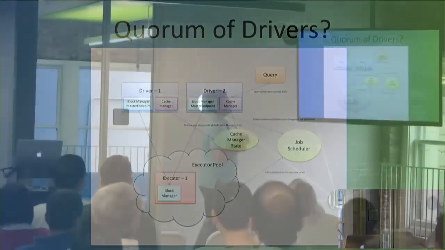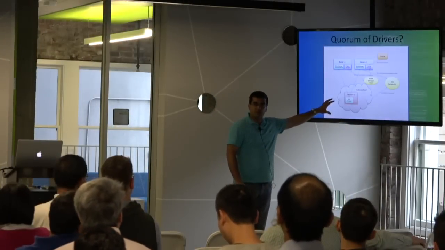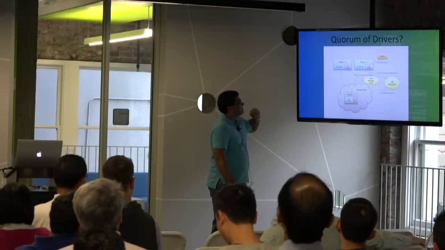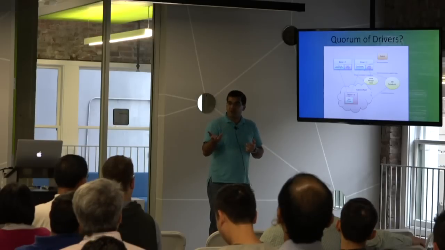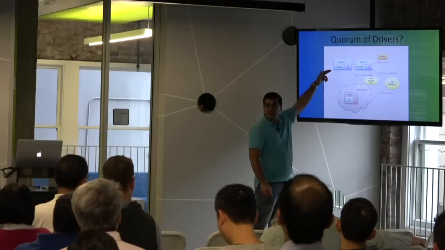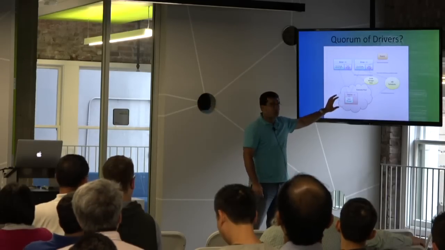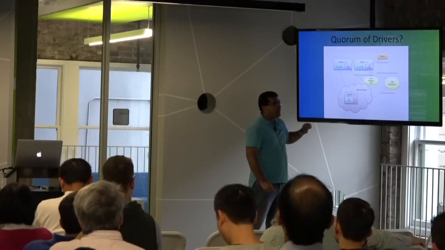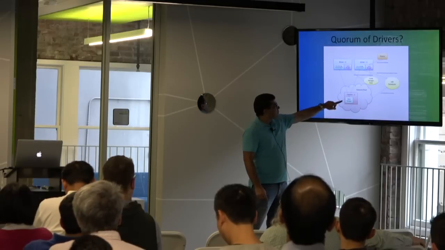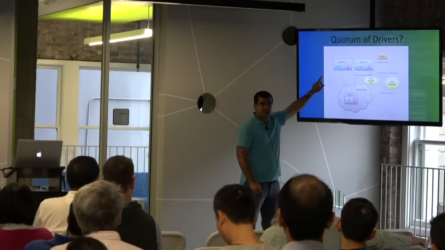So let's say you have multiple drivers that share a pool of executors, right? We spoke about ingestion transforms earlier, right? Let's say you fire a transform on driver 1. It in turn creates RDD blocks on, say, one executor. Currently, once that block is created, the executor tells just one driver that it's created that block.